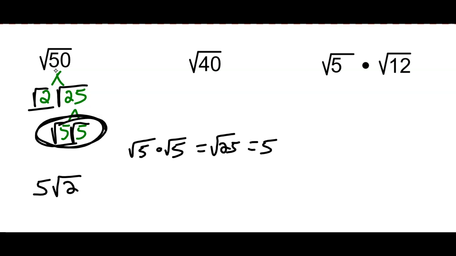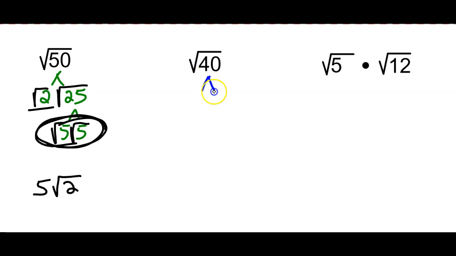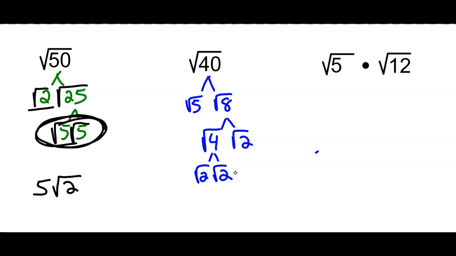Try it with this one right here, the square root of 40. So with the square root of 40, we can break that up into the square root of 5 times the square root of 8. Square root of 5, 5 is a prime number, so we can't go any further with that. But square root of 8 can become square root of 4 times the square root of 2. And the square root of 4 breaks up into root 2 times root 2.